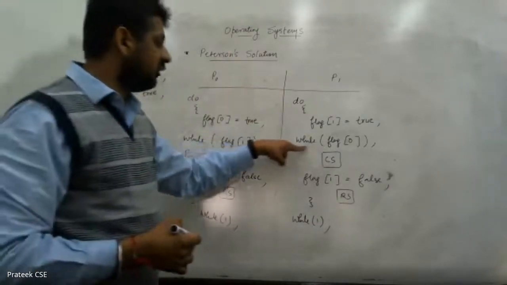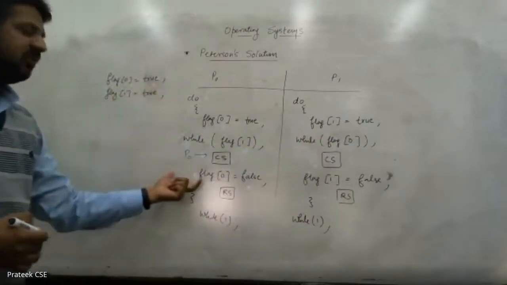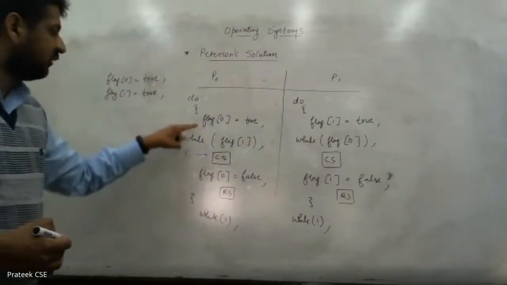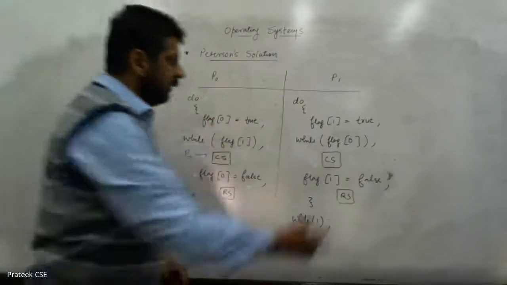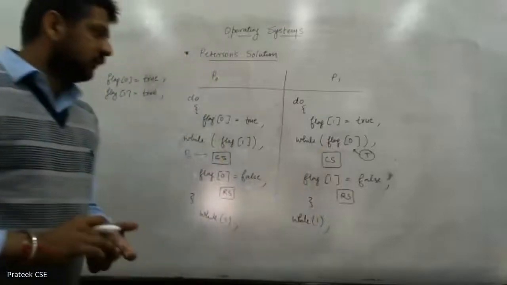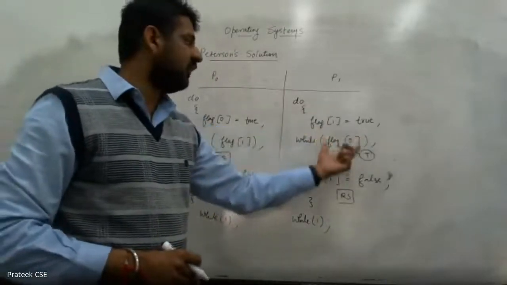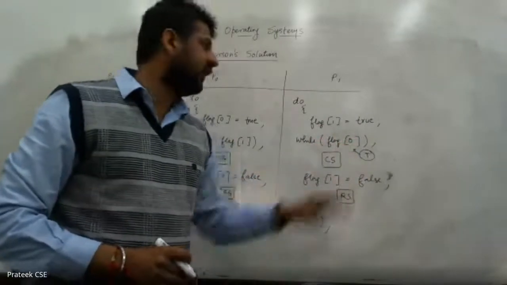Now there is the condition while flag[0]. Here you can see P0 has not exited the critical section yet, so the value of flag[0] is true. As soon as the value is true, this condition will become true and there is a semicolon, so process P1 will be stuck in an infinite loop.